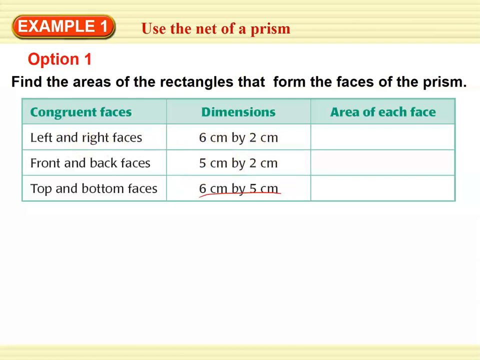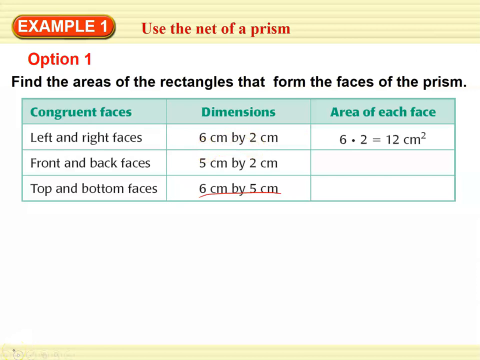So think back to the last chapter. How do we find the area of a rectangle? We just take the length times the width. So the left and the right, each of those faces has an area of 6 times 2, which is 12 centimeters squared.